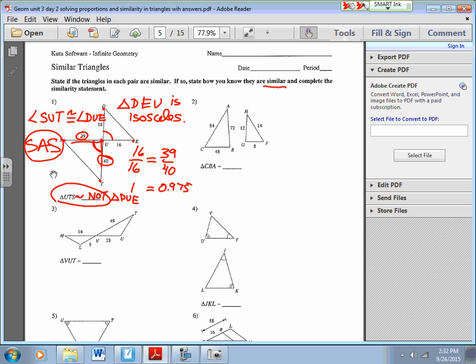All right. Go ahead and look at number 2. Just take about 30 seconds. Look at the picture. See if there's anything that's important. Any symbols in there that will help you.